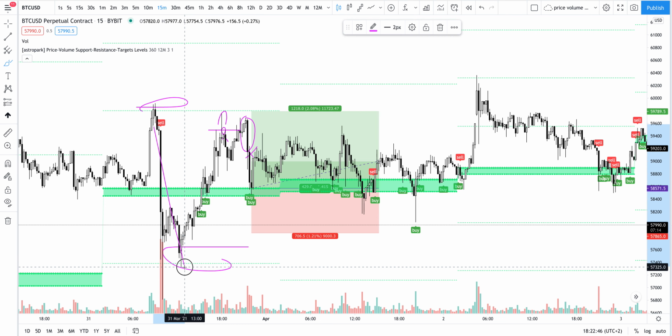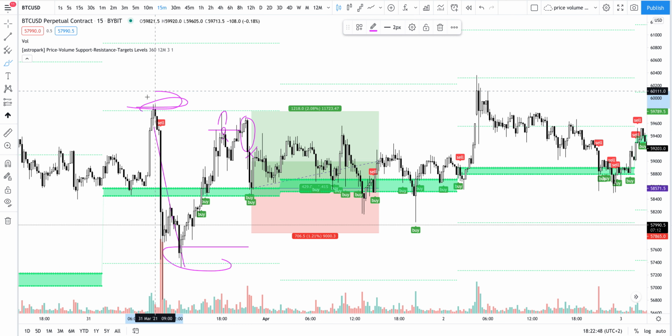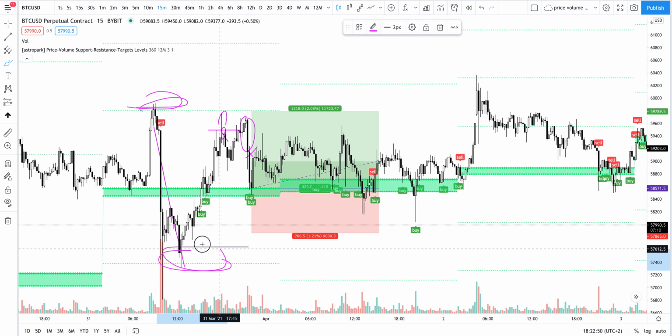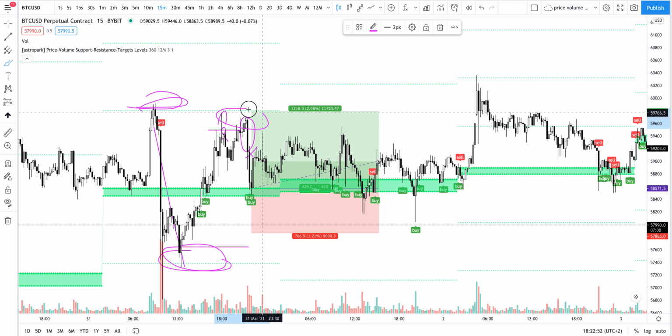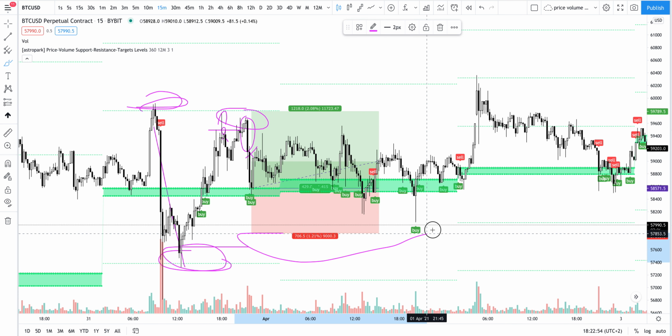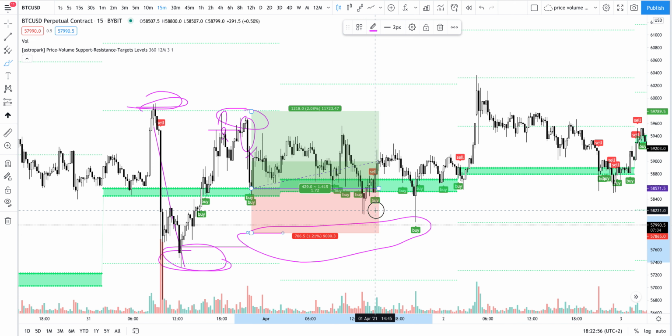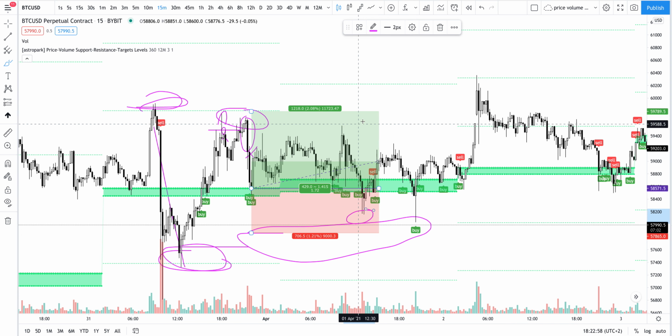So the best trades are shorting the high, longing the low, and again shorting the high, longing the low. So this low, for example, or this low, shorting the high, etc. Okay, this is basically how you are supposed to trade.